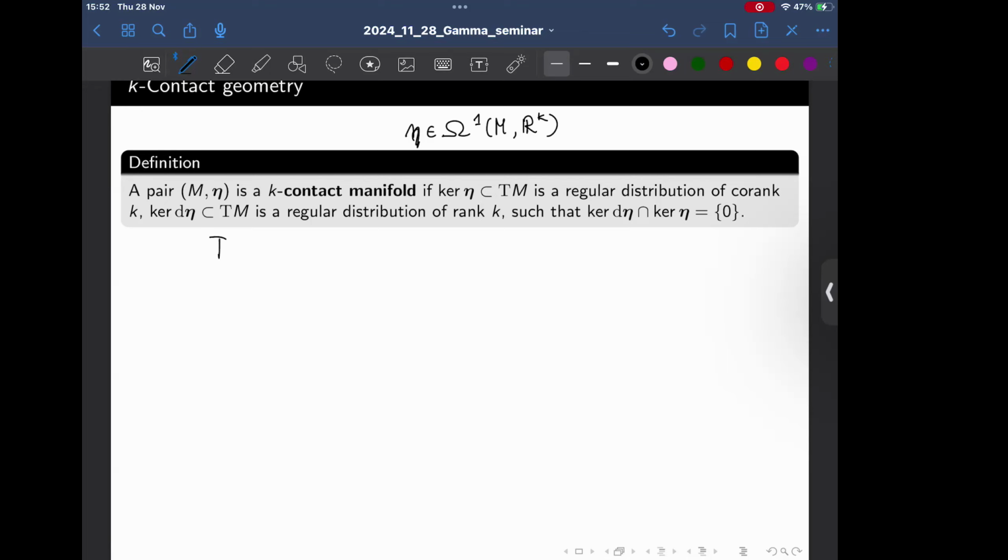So we can write that TM is the kernel of bolded eta plus the kernel of d bolded eta.